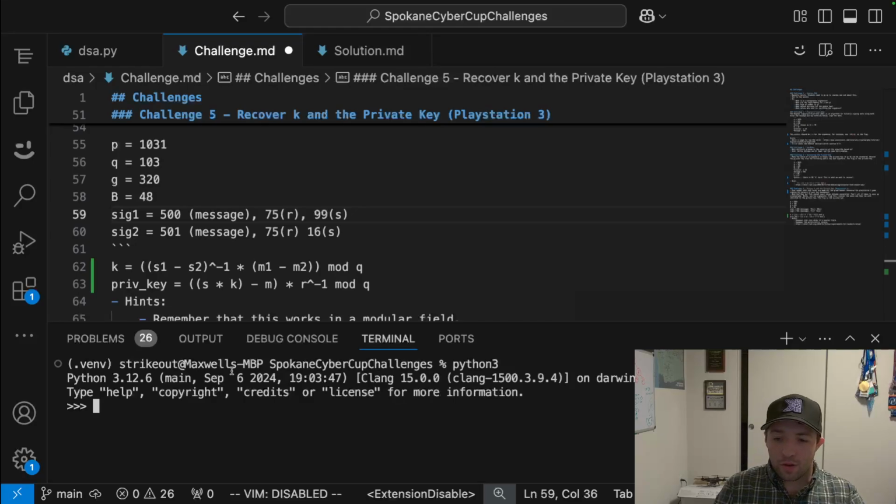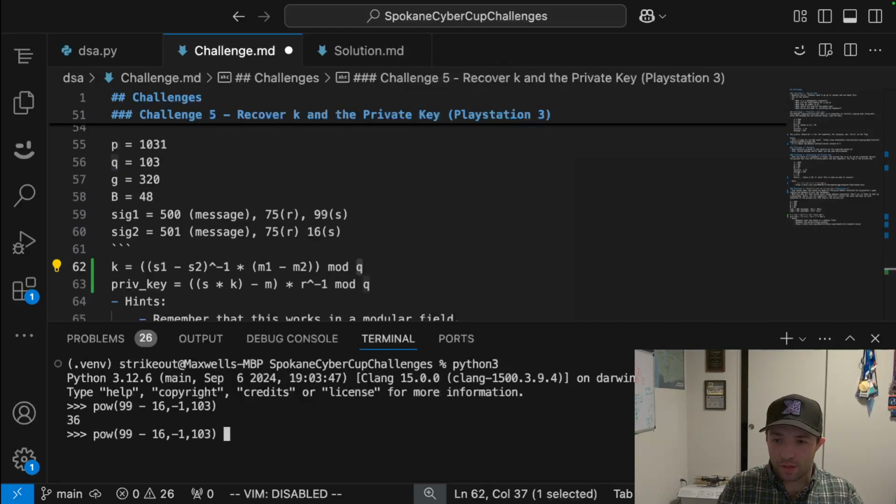Cool. So it is S1, so 99, minus S2, which is 16. That is going to be the multiplicative inverse of that. So we need to do 99 minus 16, to the minus 1. And then we're still doing mod Q. So we need to do multiplicative inverse mod 103. So that's 36.